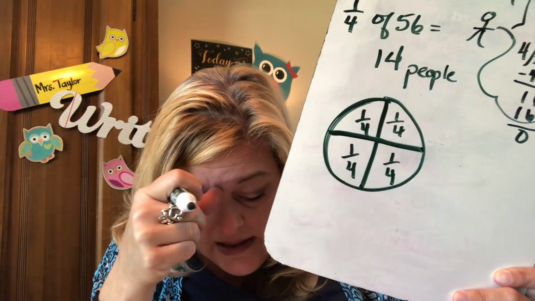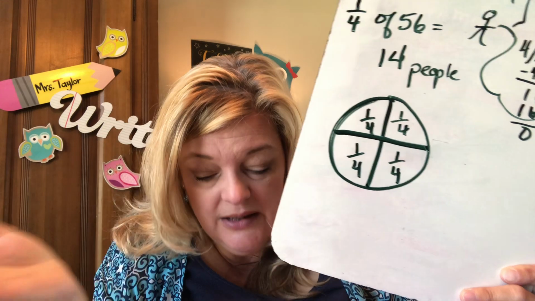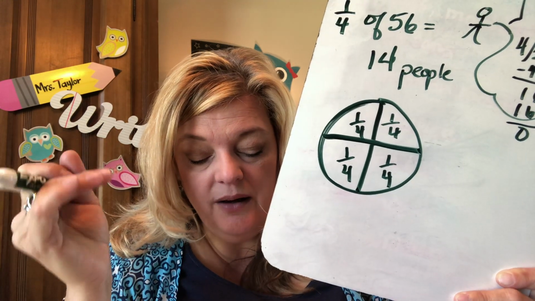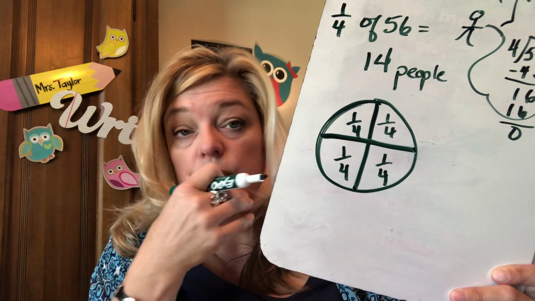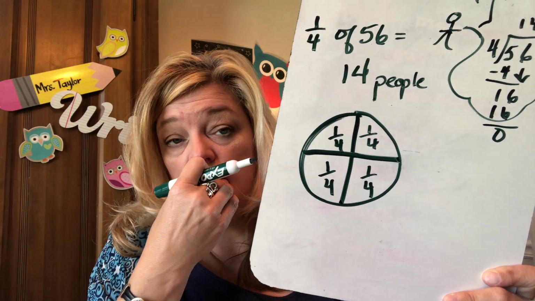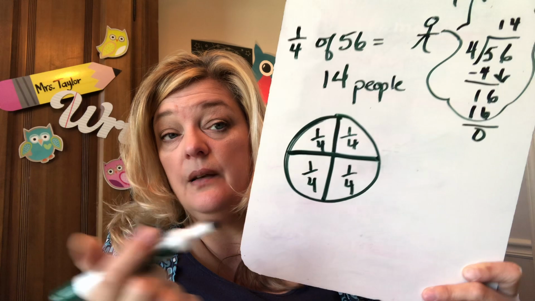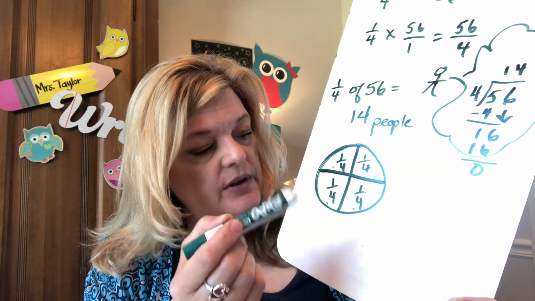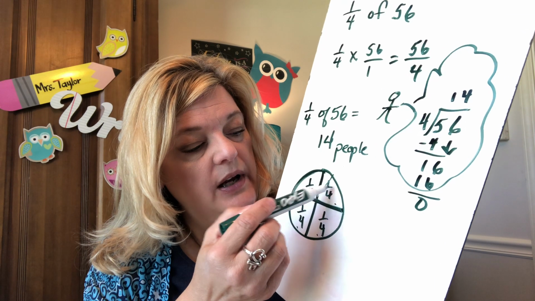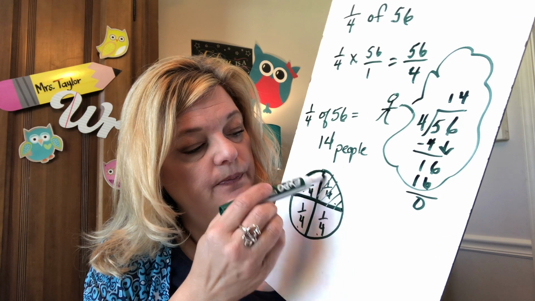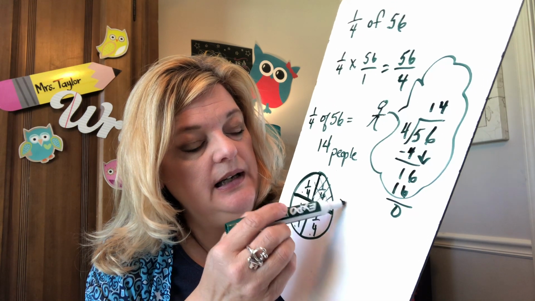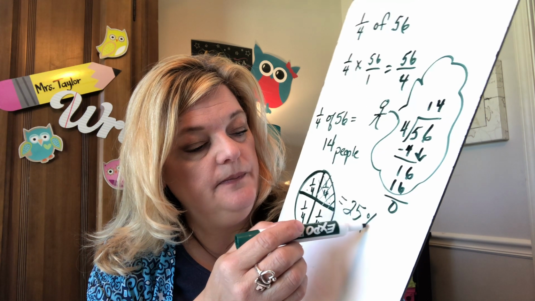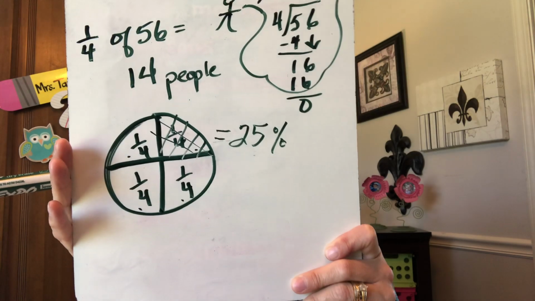So the question asks, how many guests were in each room? We said 14. What percent of the guests were in each room? I have 14, 14, 14, 14, and what in each room equals 25%.